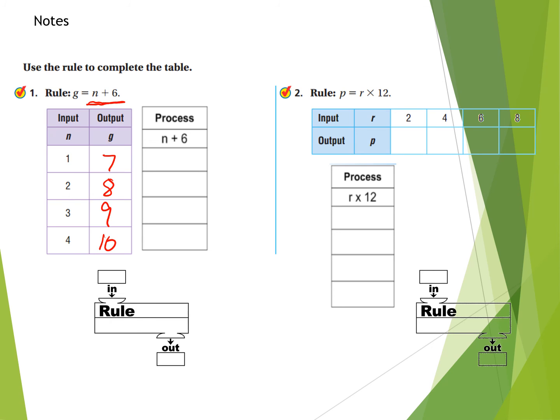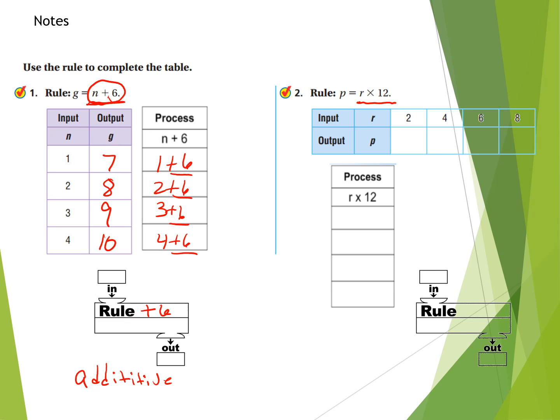So my rule, my process here, is 1 plus 6, 2 plus 6, 3 plus 6, 4 plus 6. Notice that plus 6 is the constant. My rule is plus 6. This is an additive rule because we added.